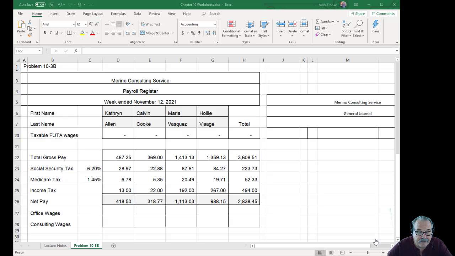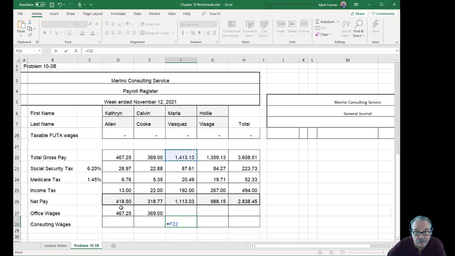Okay, so we have two categories of wages, office wages and consulting wages, and they told us that Catherine and Calvin were in the office, so we're going to just bring the gross pay down from up above to facilitate our journal entry. And then the consulting people were Maria and Holly.